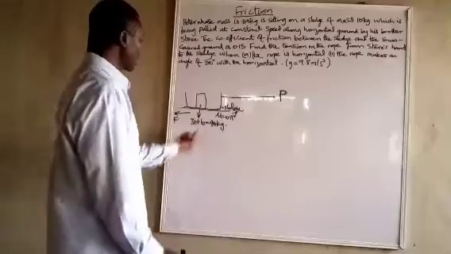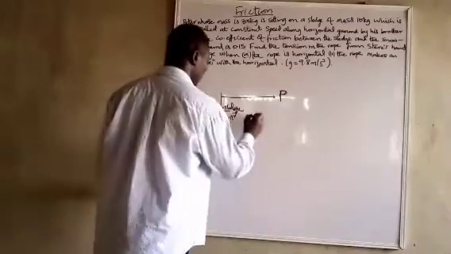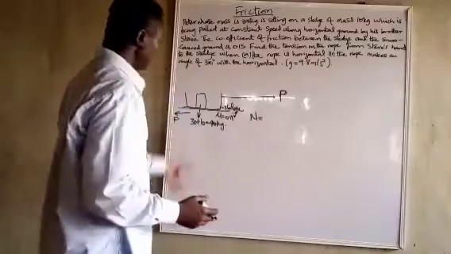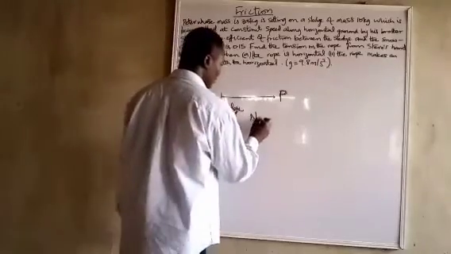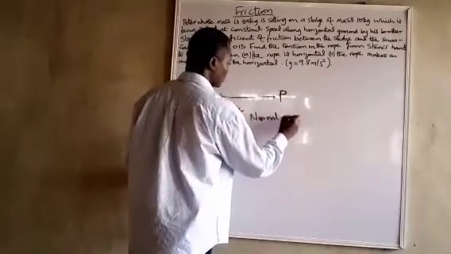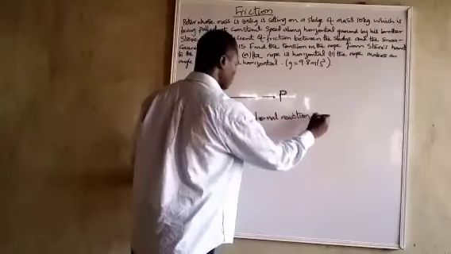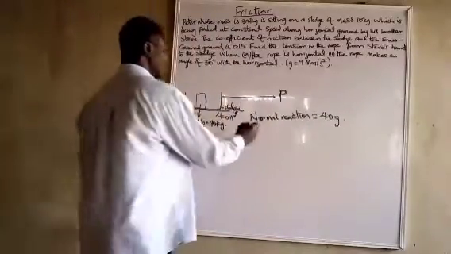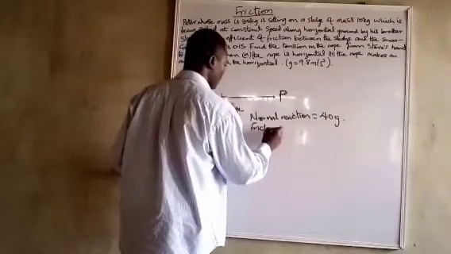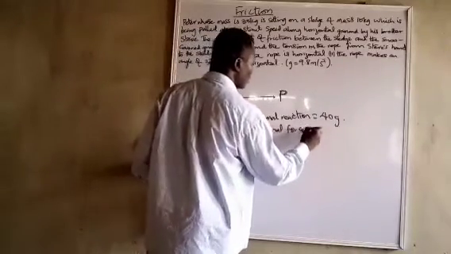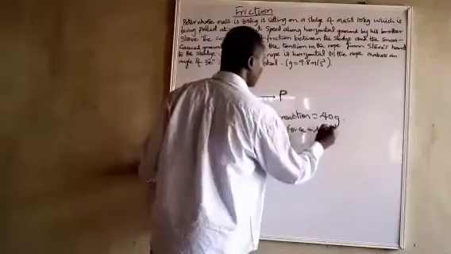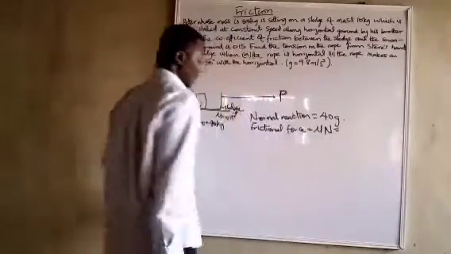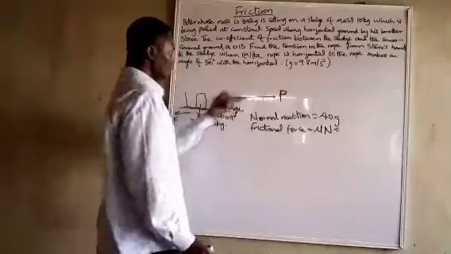And what is the frictional force? In this instance, N, the perpendicular reaction, the normal reaction, is equal to 40 G. That is the normal reaction. And so, frictional force is equal to mu N, where N is 40 G. This one is not affecting it.